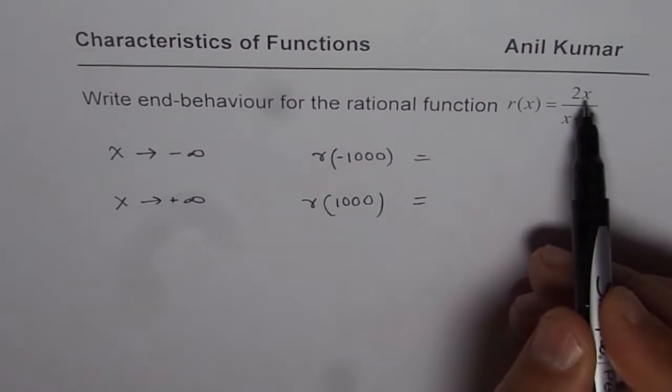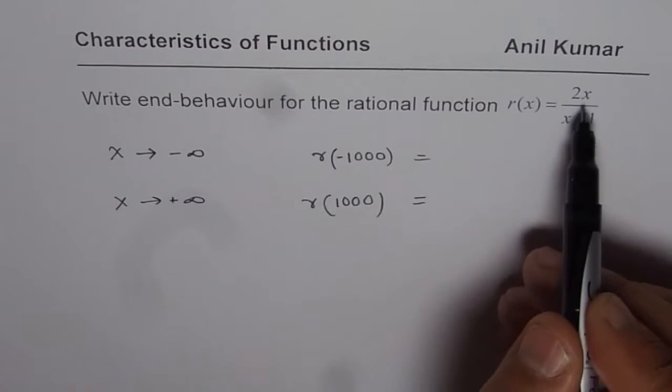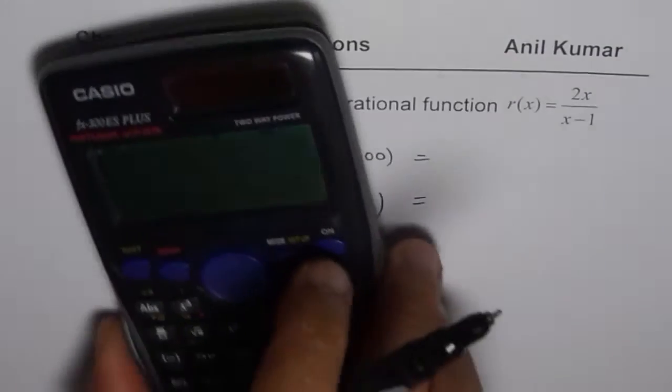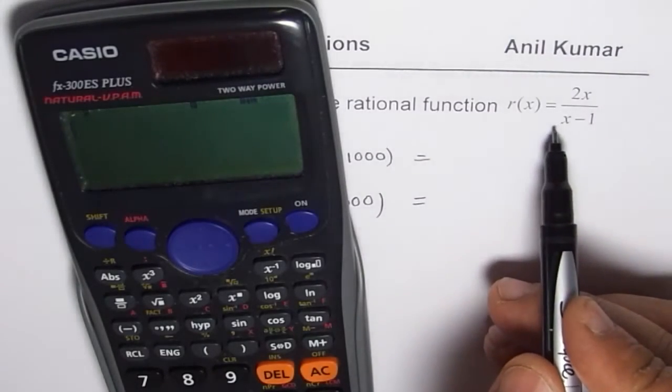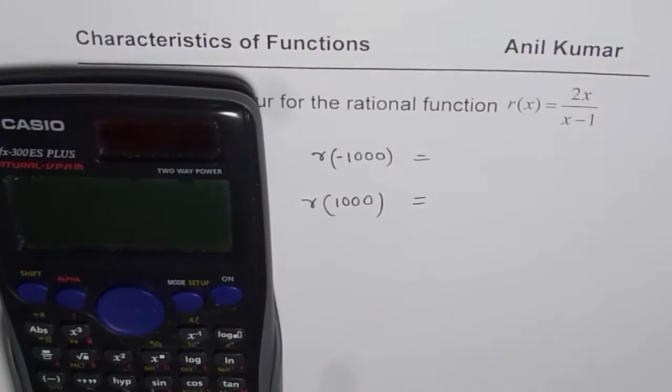So if I write negative 1000 here, then of course the numerator is a negative value. The denominator is also negative. So we get a positive value. Do you see that? So let's calculate. We have 2 times within bracket negative 1000, divided by within bracket negative 1000 minus 1.